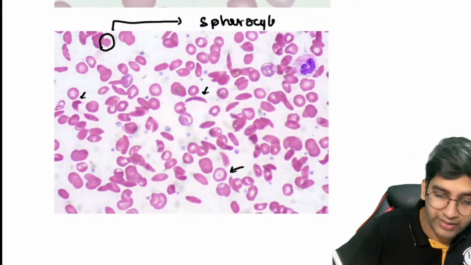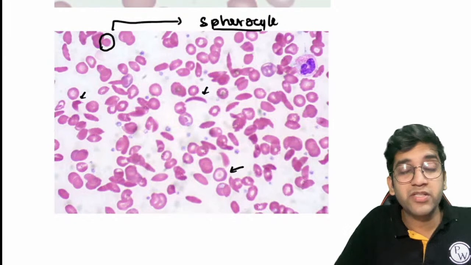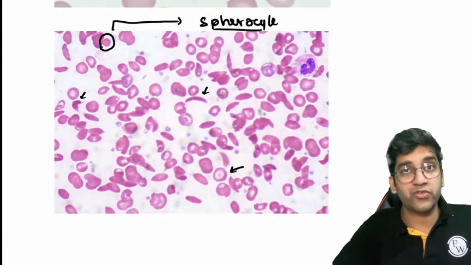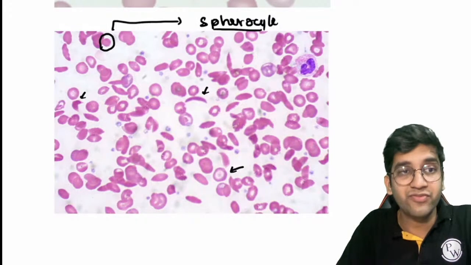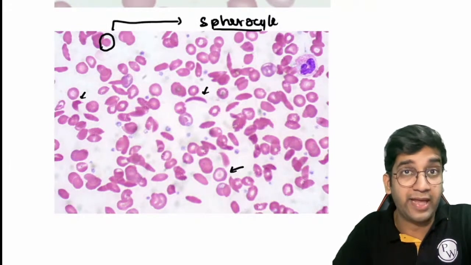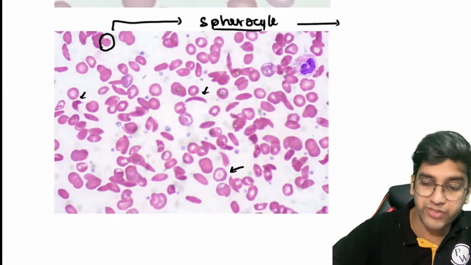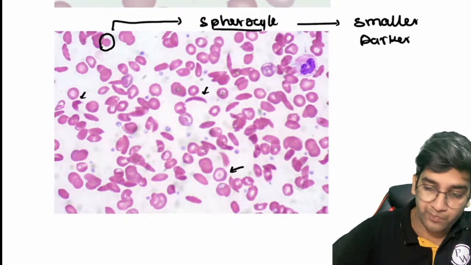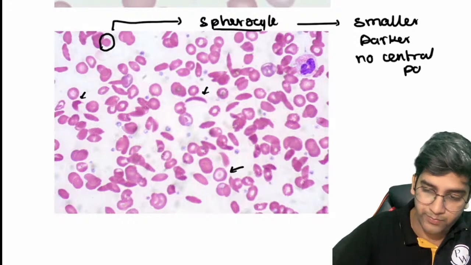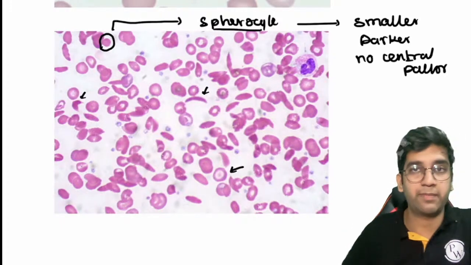Spherocytes are easy to identify, and I want you to remember spherocyte and know everything about spherocyte, not a superficial understanding. Because when you have a superficial understanding of spherocyte, there's a very high chance you might end up making an error, right? So the way to identify spherocytes: they are smaller RBCs, they are darker RBCs, and they have no central pallor at all.